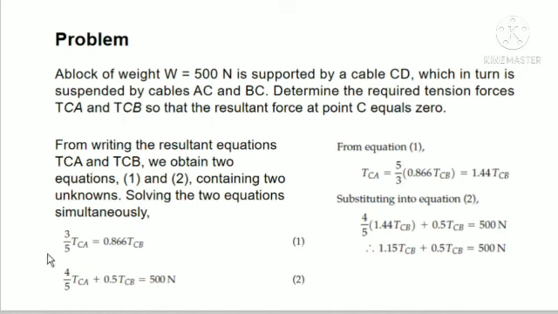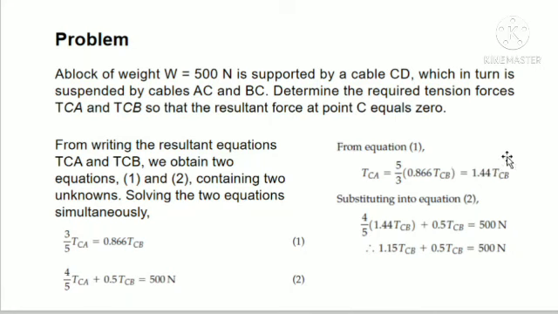Because we're going to eliminate the 3 over 5, so it is divided by 3 over 5 and it cancels. It's just the reciprocal, so it becomes 5 over 3. And that is equal to 1.44 tension CB.